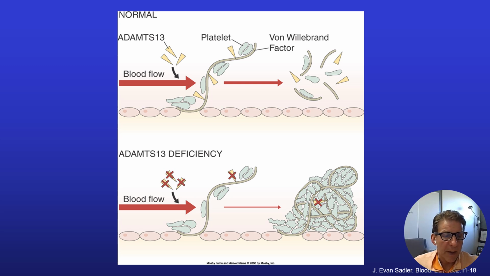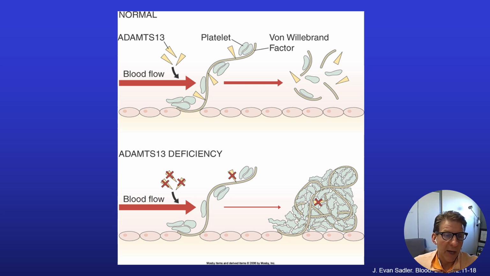Down below in the pathological state, whether you lack the protease completely from birth, as in congenital TTP, or you acquire an antibody that either clears or blocks the function of it, what you get is the failure to cleave the ultra-large multimers, and then they can spontaneously bind platelets and form microthrombotic disease in the smallest arterioles.